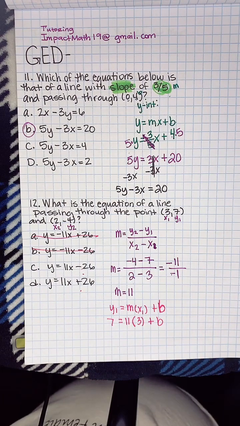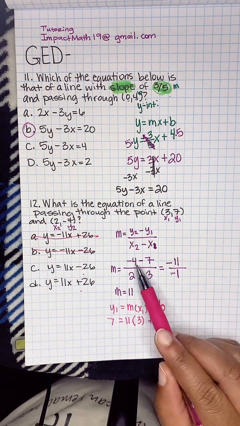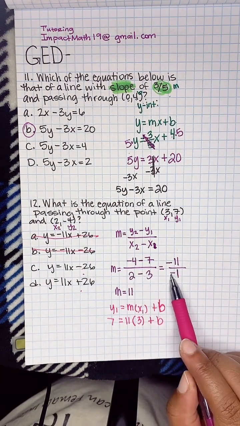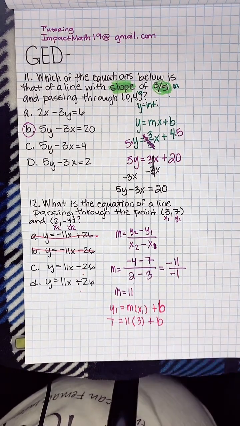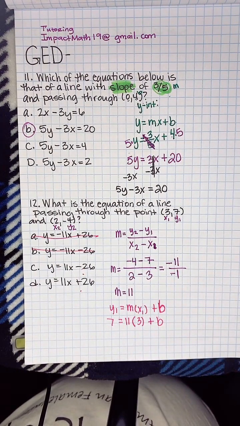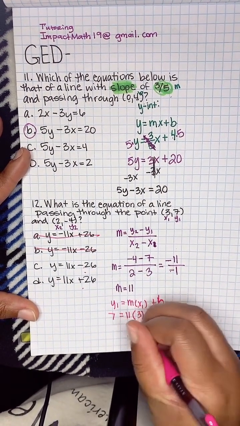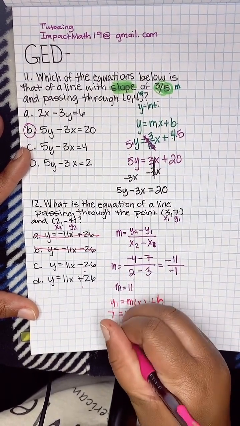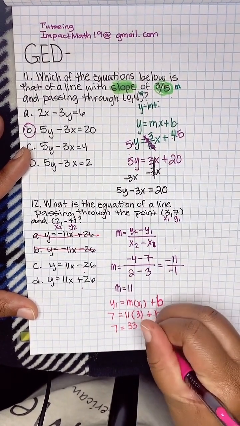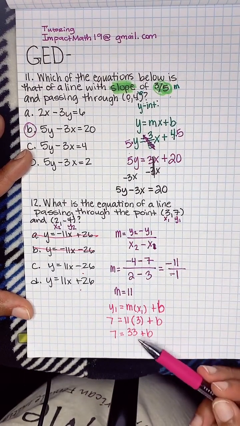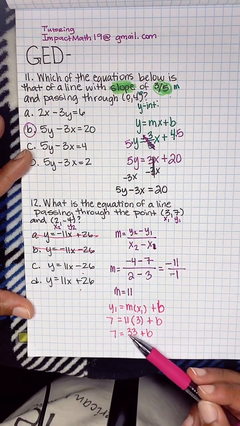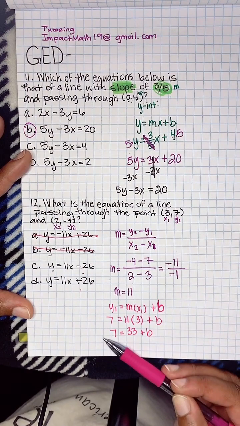How did you get the positive 11? By doing negative 11 divided by negative 1. So 11 times 3 gets us 33 equals 7 plus B. Now we want this B by itself, so I have to move this positive 33 to the other side.